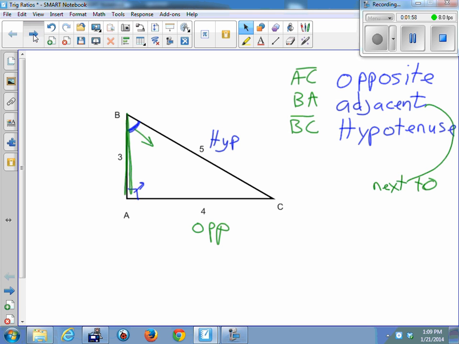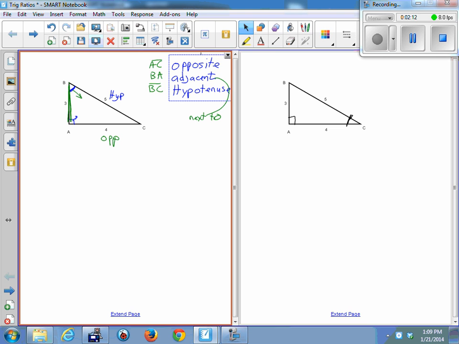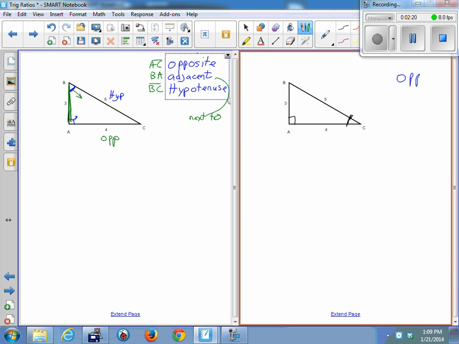So if we're talking about, let's go to this one here. Same triangle, but in this case, we are going to highlight angle C. If we are talking about angle C, then things are a little different. So in angle C, we have opposite, adjacent, and hypotenuse. The hypotenuse is going to be the same.